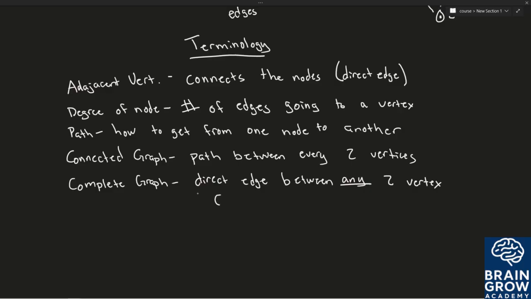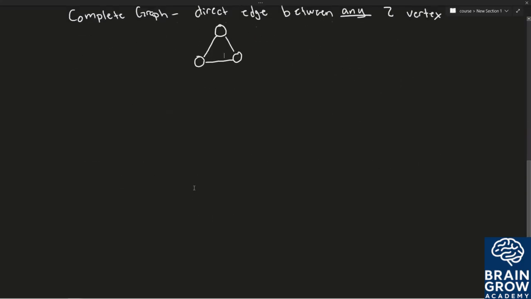So if we created a very simple graph with three nodes, this would be a connected graph because we have a path between every two vertices. We can get from any vertex here to another vertex. And then if we added in this edge, we now have a complete graph because we have a direct edge between any two vertices. In this case, any node can get to any other vertex directly. So that is what a complete graph is.